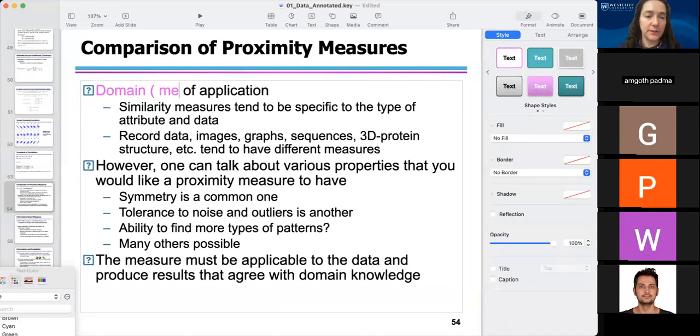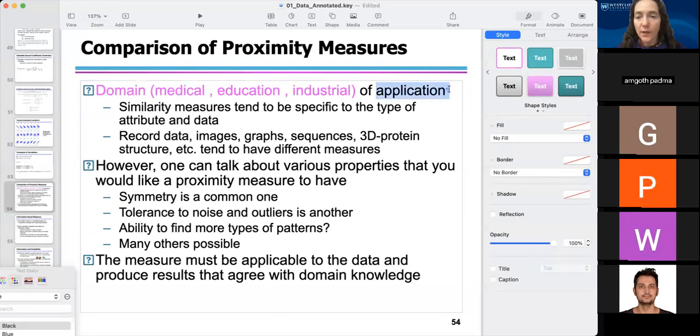Is it medical data? Is it educational? Is it some sort of industrial data? Depending on what it is, and the goal of its application. So what is our goal in measuring the similarity?